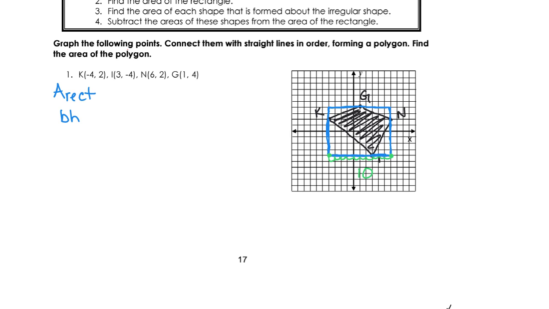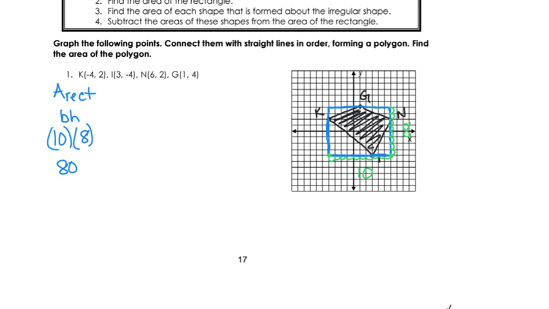Okay. So our rectangle is 10 by, let's see, 1, 2, 3, 4, 5, 6, 7, 8. So this is 8. So this rectangle is 10 by 8. And that means that the rectangle has an area of 80, which means our black shape in there has an area of less than 80.